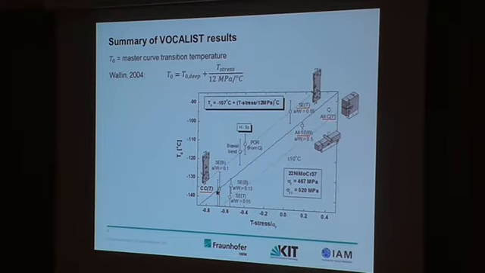This is a diagram from a well-known European project which ended some years ago. And you see here all these specimens, and you see that the results of fracture testing in terms of the master curve transition temperature can be approximated by this equation derived by Kim Wallin.